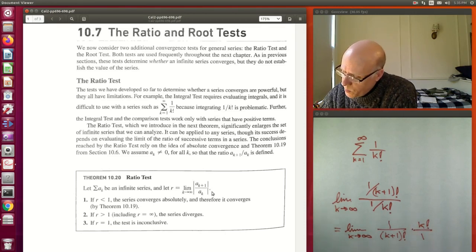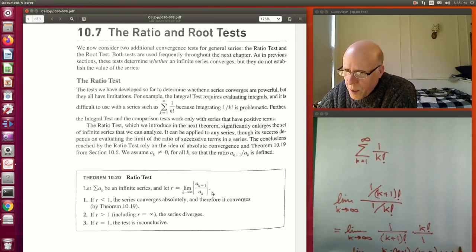Right? So that simplifies. Maybe I should write it out just to make sure everybody's good on this. The numerator has k factorial, so it's k, k minus 1, k minus 2, and so on, down until we get to 1.